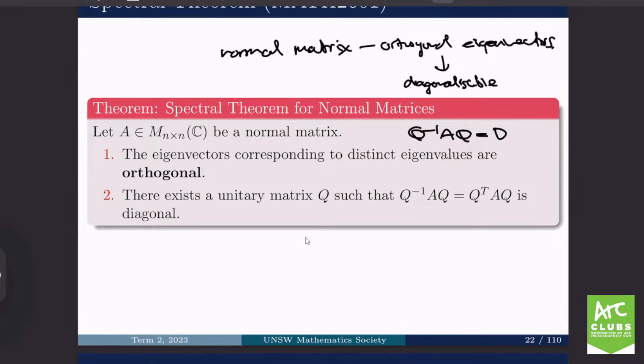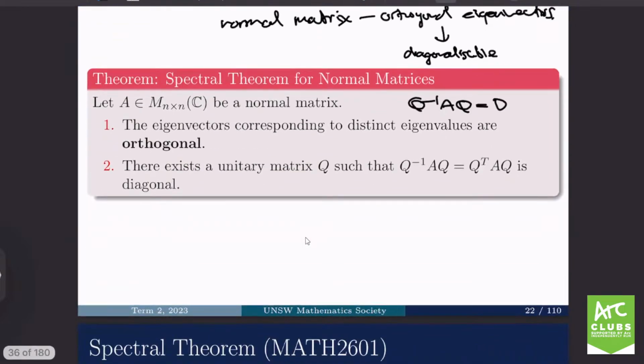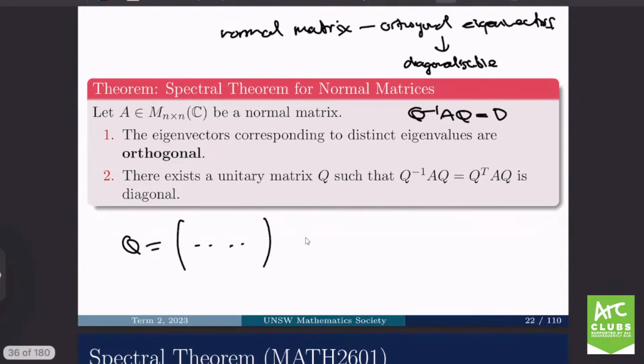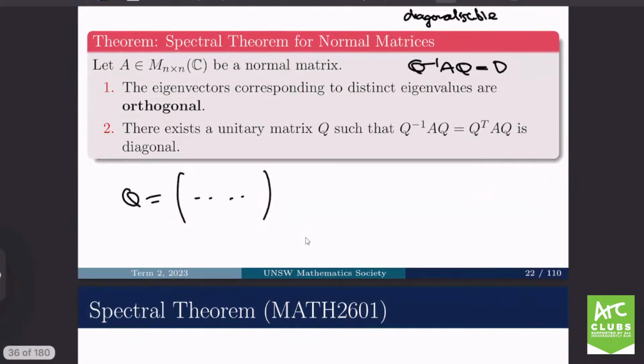Remember, Q is the matrix that helps us convert between any basis and our eigenbasis, right? And now, Q equals a matrix with all my eigenvectors. If I have a set of orthogonal eigenvectors, then I have a matrix with orthogonal columns, giving me a unitary matrix if it's all normalized.